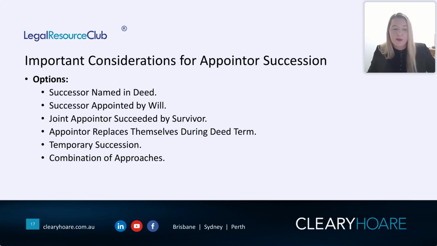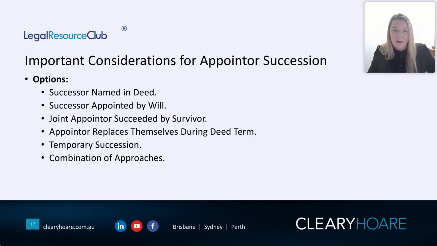So we need to make sure that there's mechanisms for that person to be replaced. And there's a few different ways that this can be actioned within the trust deed. Normally you'll have a combination of all of these, but it's important that we have a way of appointing someone else to that role should the first person pass away or become incapacitated.